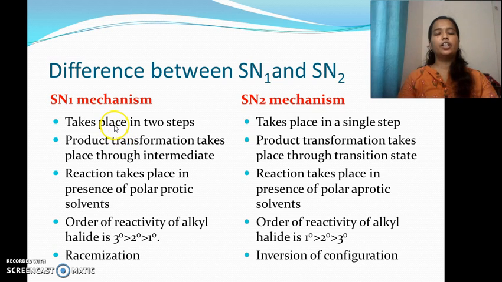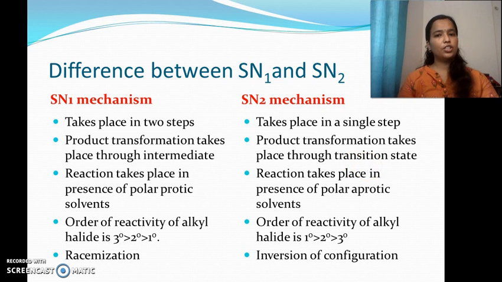Now in SN1 mechanism, product formation takes place through an intermediate. In the first step we get carbocation, that is the intermediate in SN1 mechanism, that can be isolated, that is stable. But in SN2 mechanism, product formation takes place through a transition state.